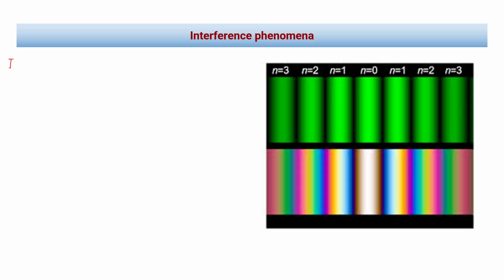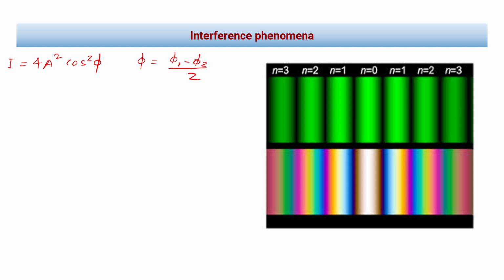This intensity that we just saw is 4a square if the amplitudes are the same, otherwise it will be something different. I'm taking this just to simplify the mathematics, and this phi was (phi 1 minus phi 2) by 2.